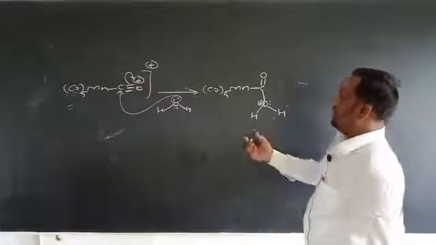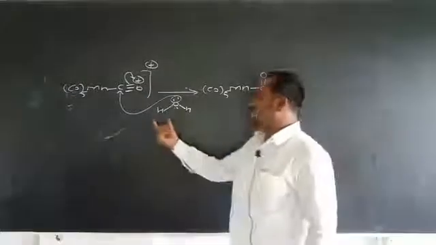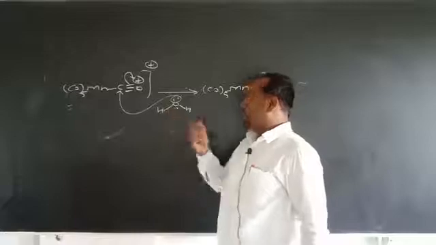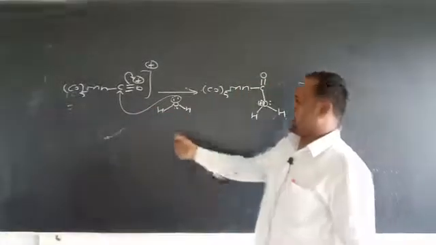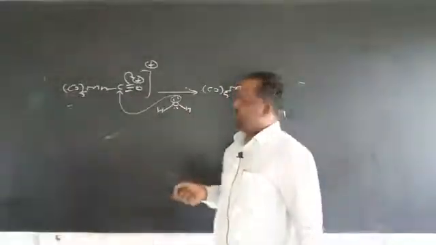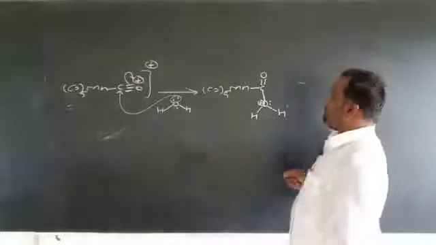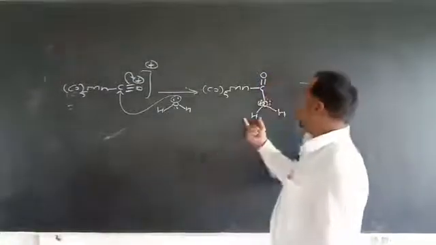We get such an intermediate. Water acts as a nucleophile, so it attacks this electron deficient center, the carbonyl. After attack of the nucleophile on this coordinated ligand, we get this species.